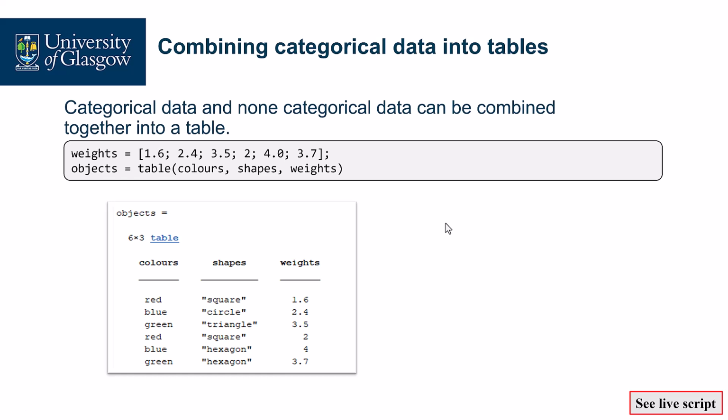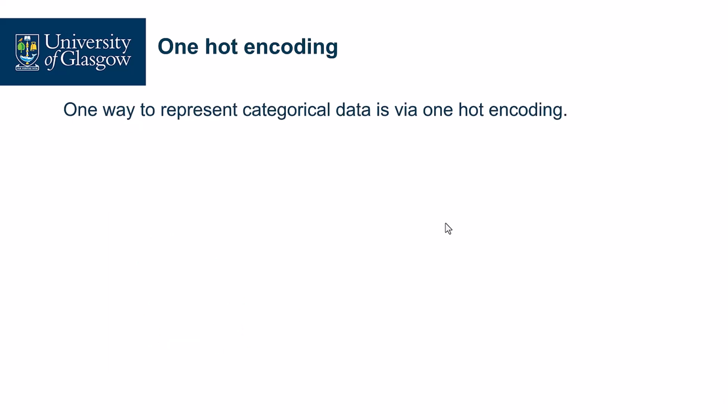Okay. So when we have categorical data, how do we handle them in machine learning? Often there is a way to represent them. We call it one-hot encoding.